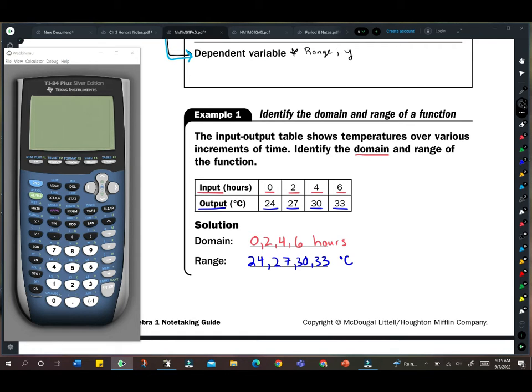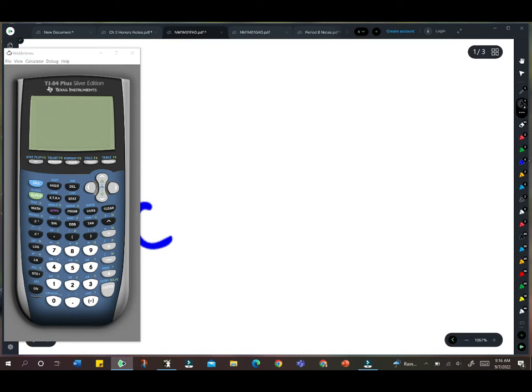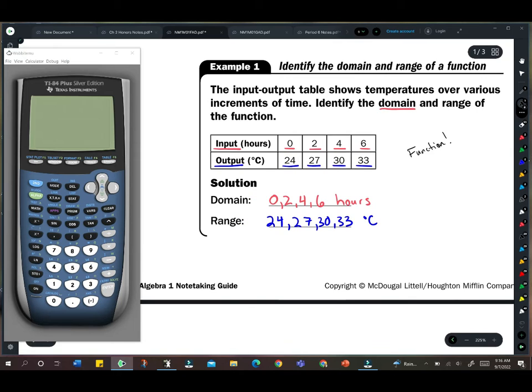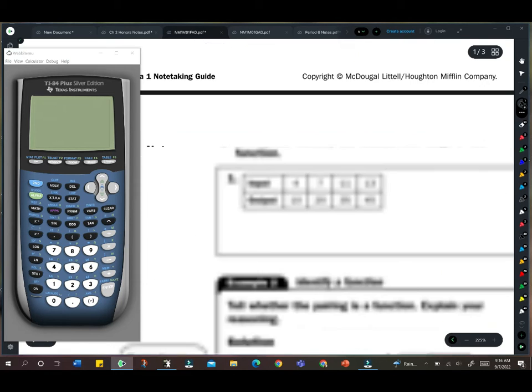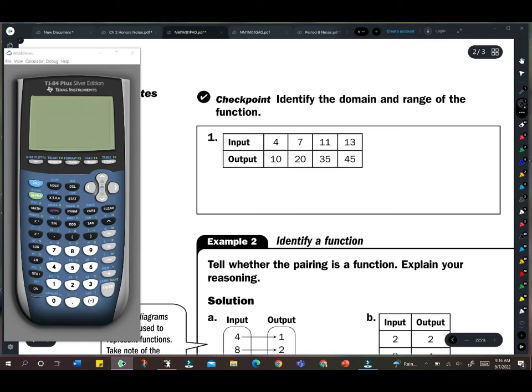It's not covered in this example, but notice how 0 to 24, 2 to 27, this would be a function because every input has a different output. So it's pretty interesting in this table. So that's identifying domain and range.